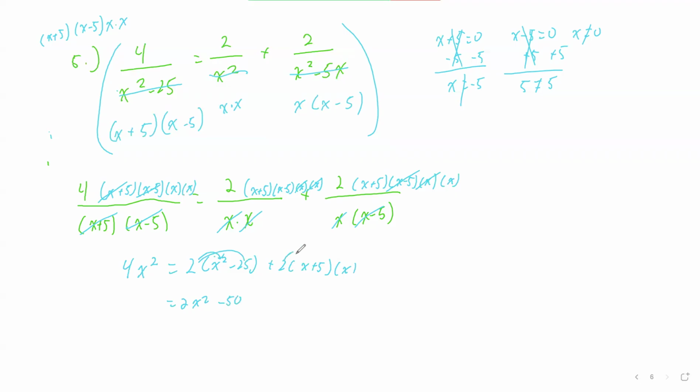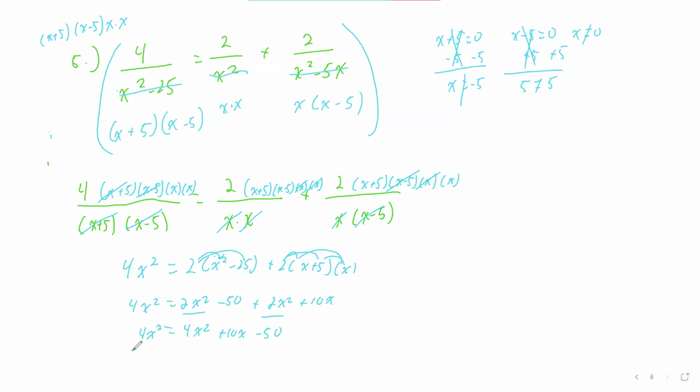And I'm going to multiply the 2 and the x at the same time: 2 times x is 2x, times x is 2x squared. 2 times 5 is 10, times x is 10x. If you want to do that separately, multiply by 2, bring it down, then multiply by x, that'll work too. Now I'm going to combine like terms. So 2x squared plus 2x squared gives me 4x squared plus 10x minus 50, just put it in order.